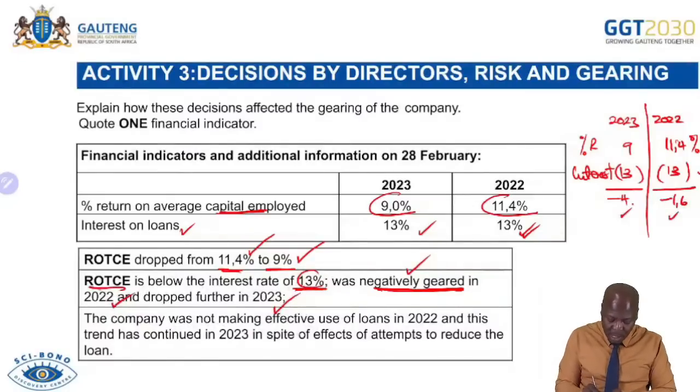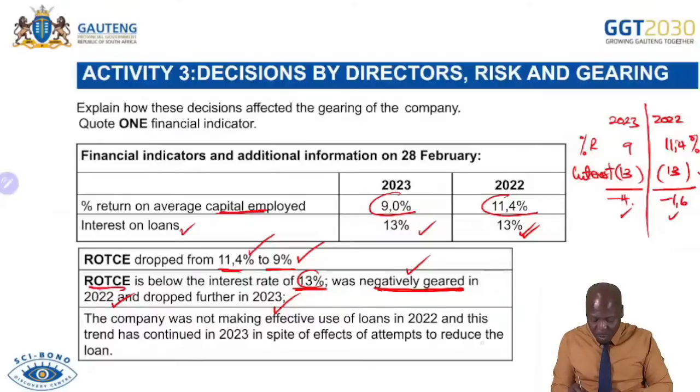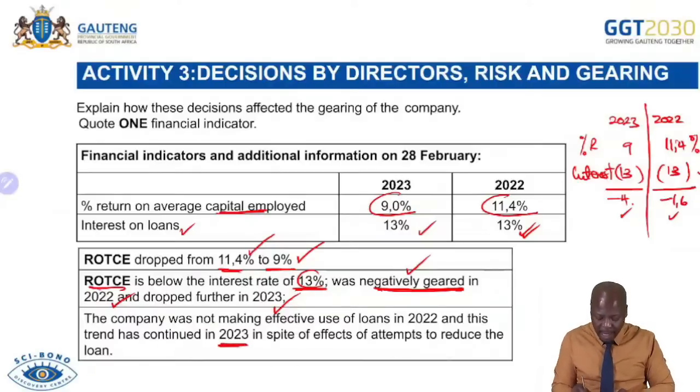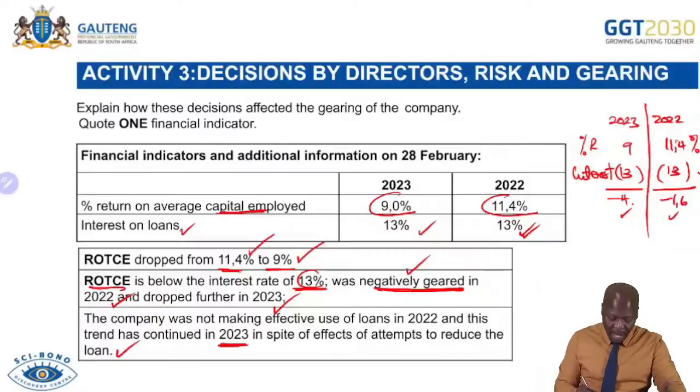The company was not making effective use of loans in 2022, and this trend has continued in 2023, in spite of attempts to reduce the loans. We have tried to reduce the loans, but this has not made much effect as the company is not making much use of these loans. As you can see, we are negatively geared.